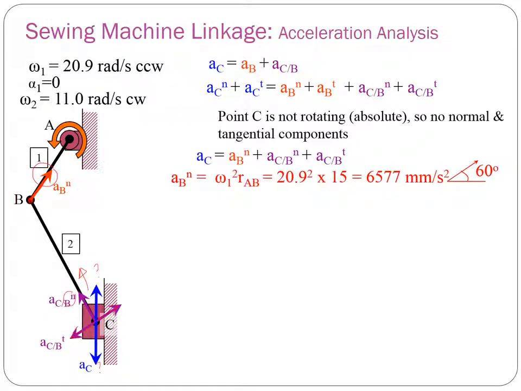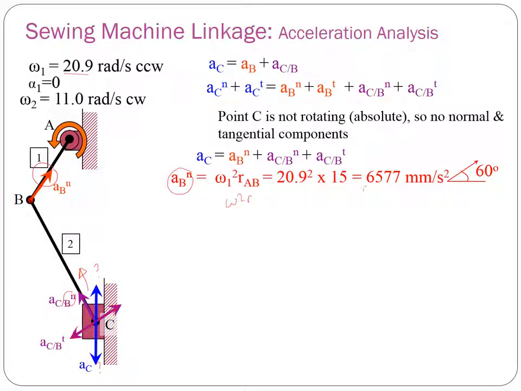Okay, the first step is to calculate ABN, the normal acceleration of B, which equals omega square R. In this case, omega 1 square, which is basically 20.9 squared, times R, which in this case is 15 mm.